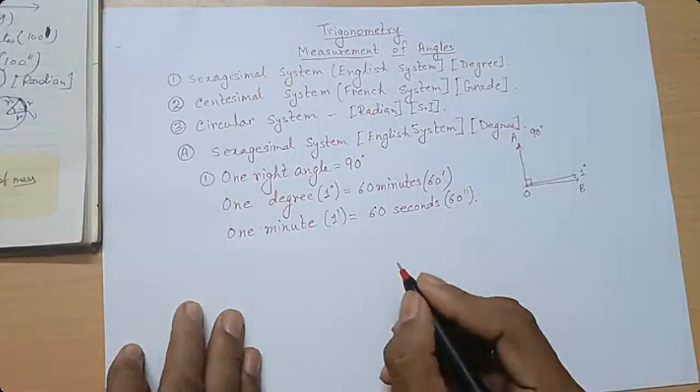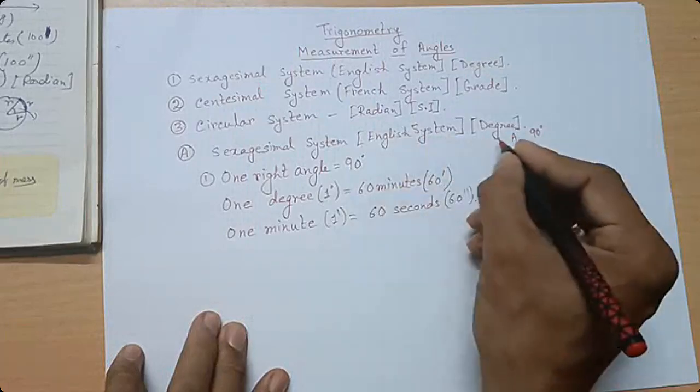This is the sexagesimal system, also called the English system.